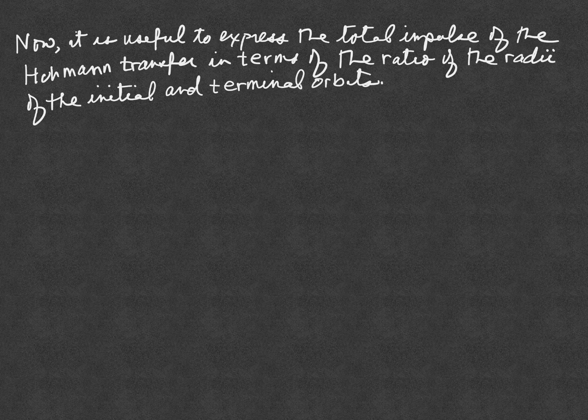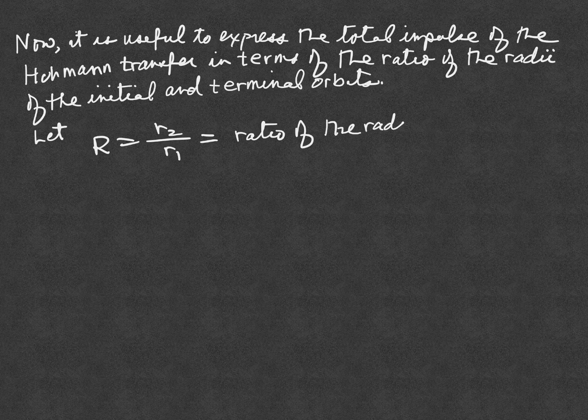So in order to do that, we're going to say let R equal R2 over R1. So that's the ratio of the radii of the initial and terminal orbits.